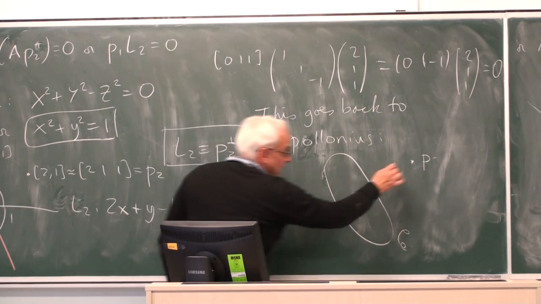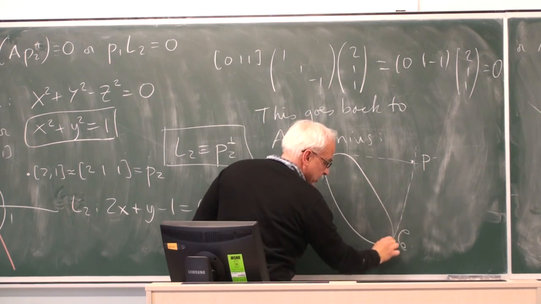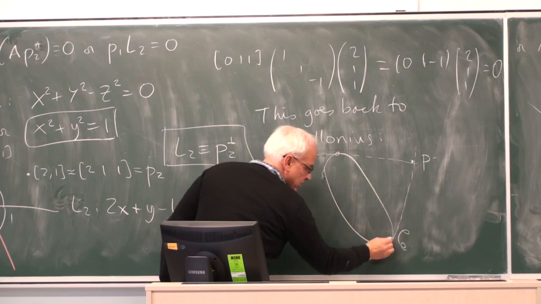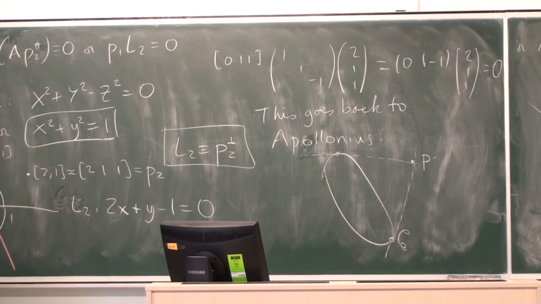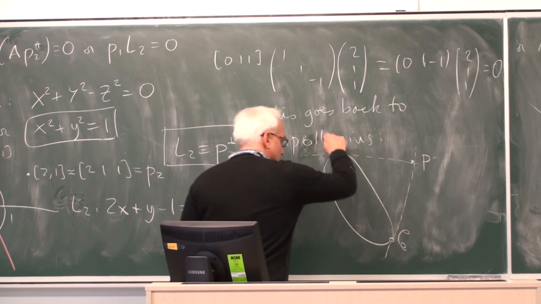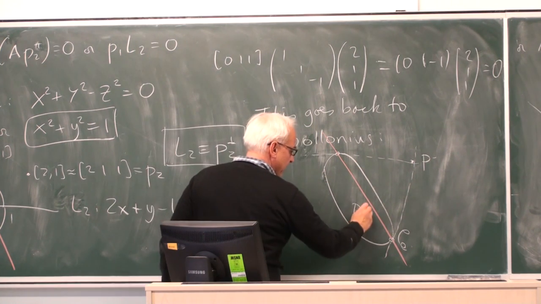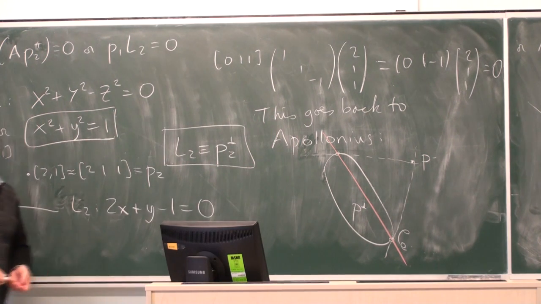The line is the line that you get by drawing tangents, seeing where the tangents meet, and drawing that line there. Apollonius probably would not have objected if we call that P perp. So for every point P, there's a corresponding line.